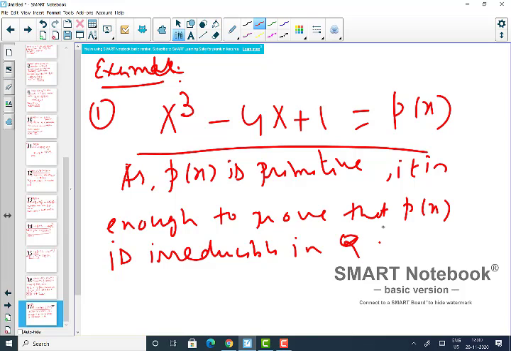So if it is irreducible in Q, then it is also irreducible in Z, right? That is coming from the corollary of Gauss lemma.